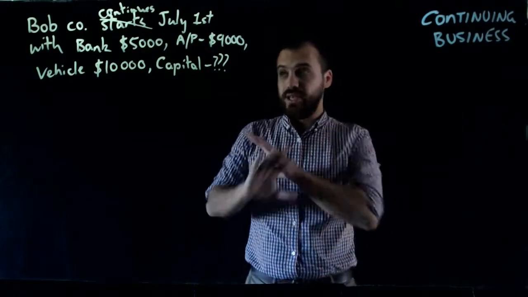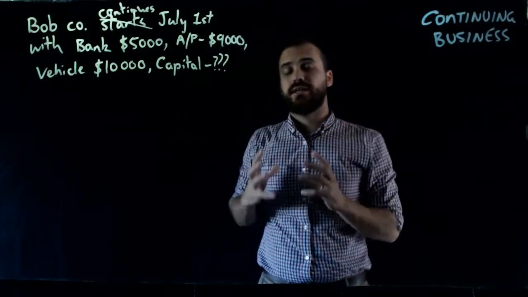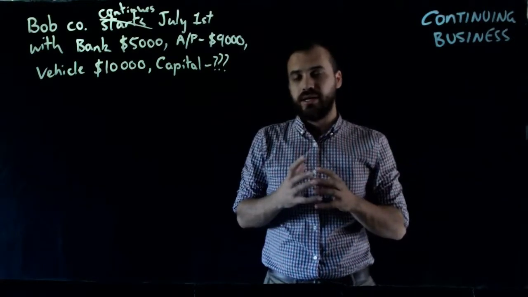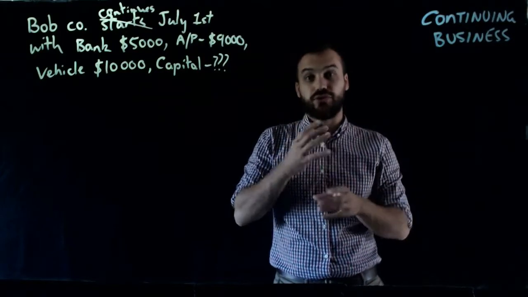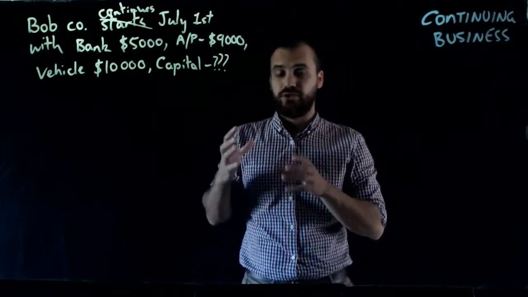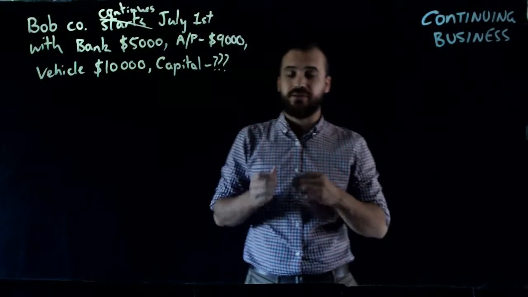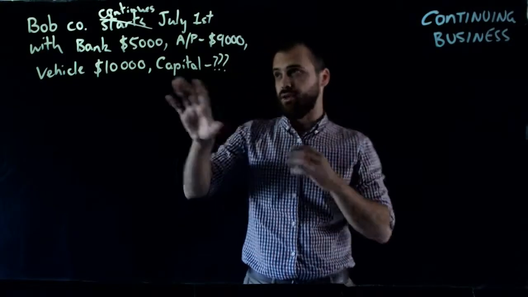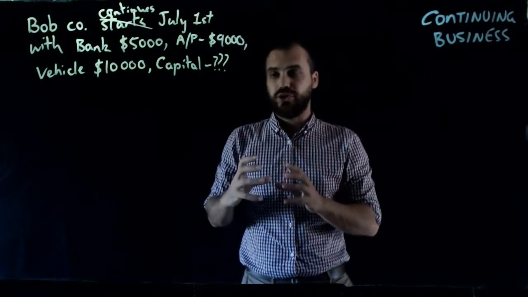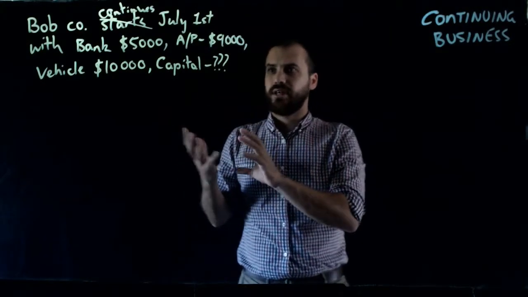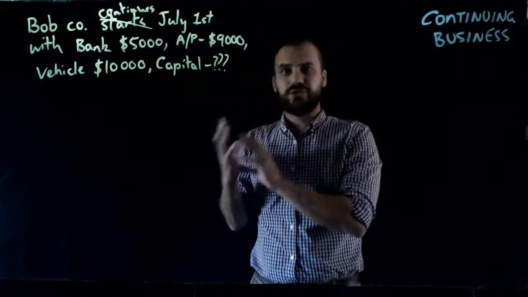Now, there is no transaction taking place here. Okay, and remember that transactions are recorded in the general journal. So every transaction you've done, every sale return, every purchase, every injection of capital, all of that happens in the general journal. But this isn't a transaction.